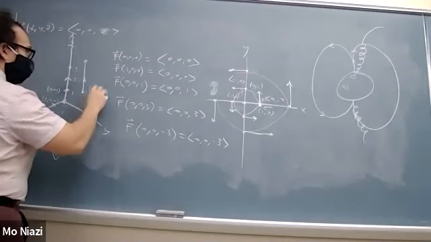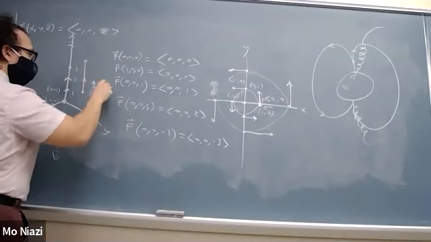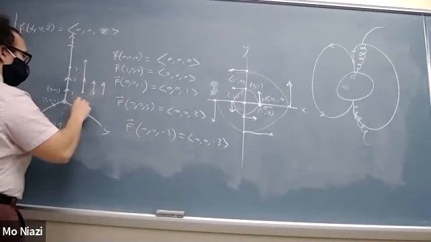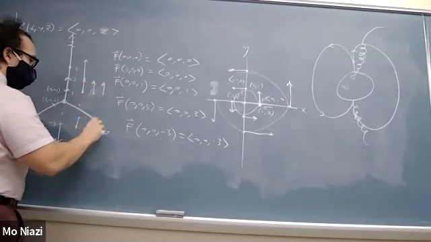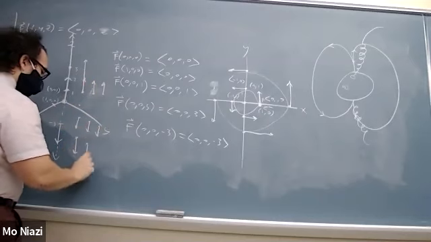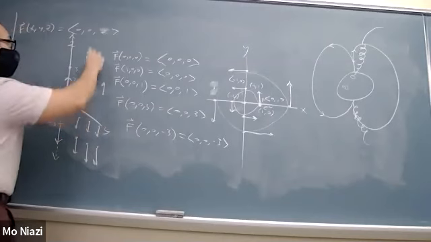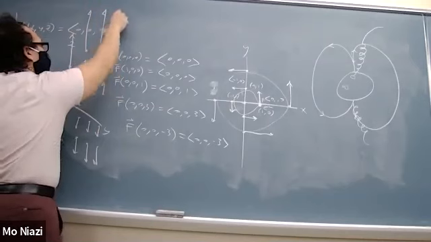So you get a vector field that looks like this. The higher you go, the longer the vectors get, pointing straight up in the z direction.